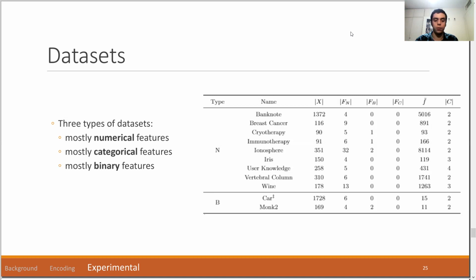And the same goes with mostly numerical. If you look at the data, we try to cover a wide array of data sets. For example, we have data sets that are more than 1,000 points in size, and we have different numbers of classes and different applications.